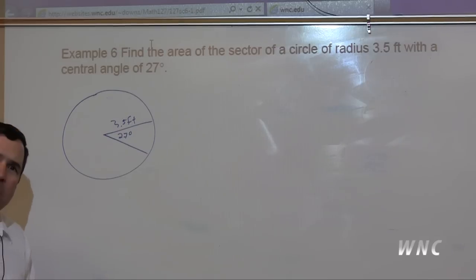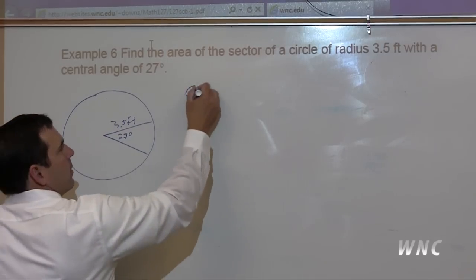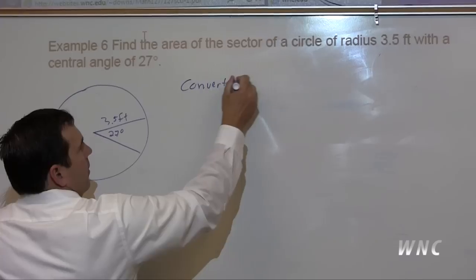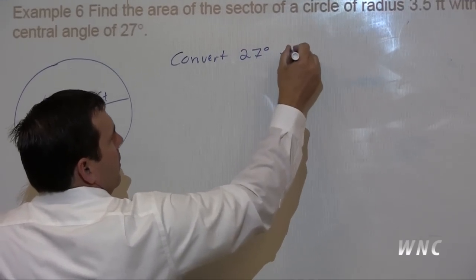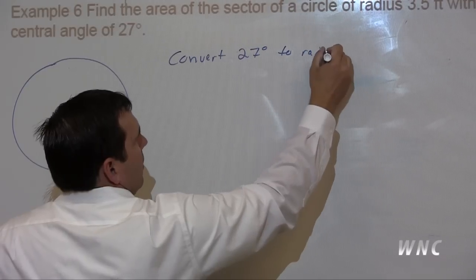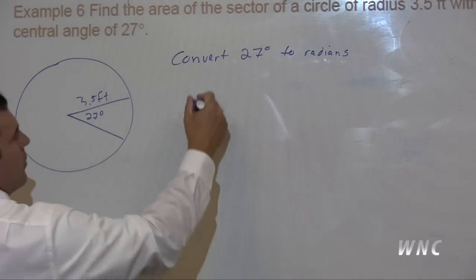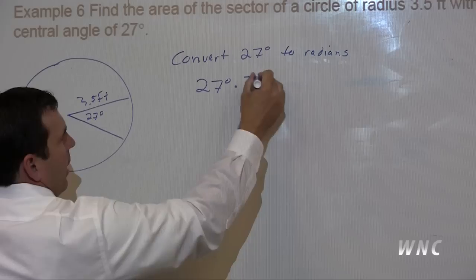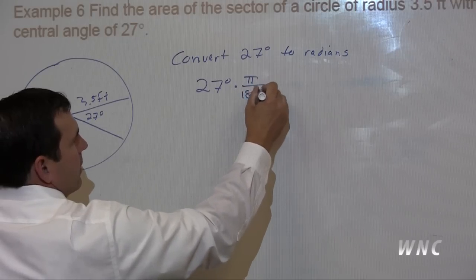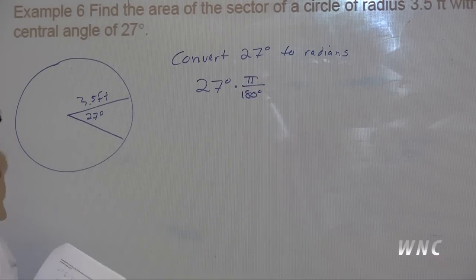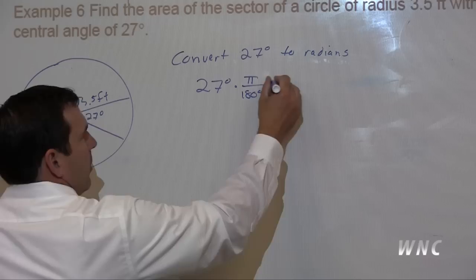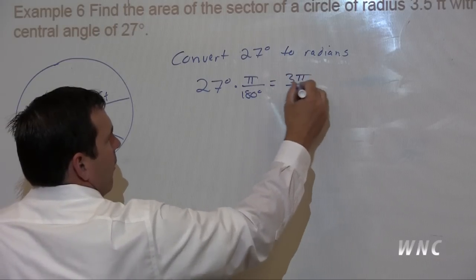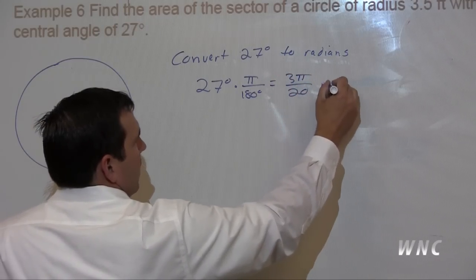Well, the formula we have is in radians, so we're going to have to convert 27 degrees to radians. So 27 degrees times pi over 180 degrees. That's going to be 3 pi over 20, and that's our radians.